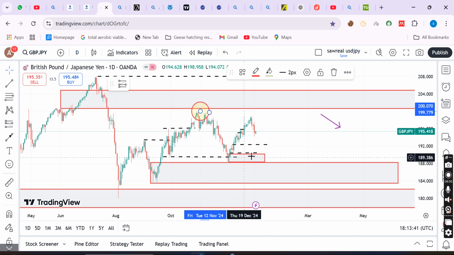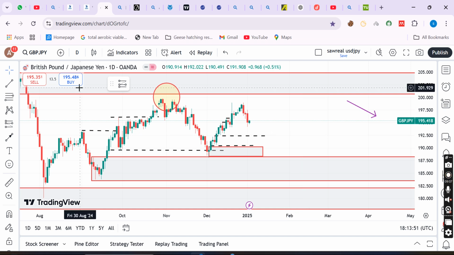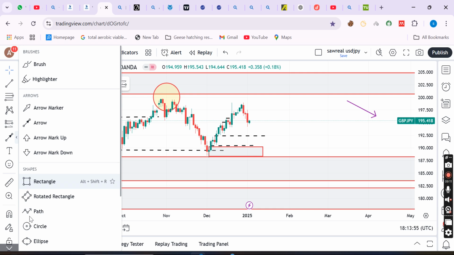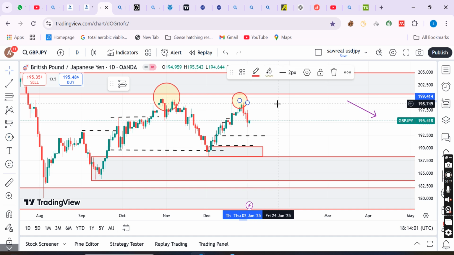Then this is price retesting this high again. So we can see price retesting this high by creating this high again.